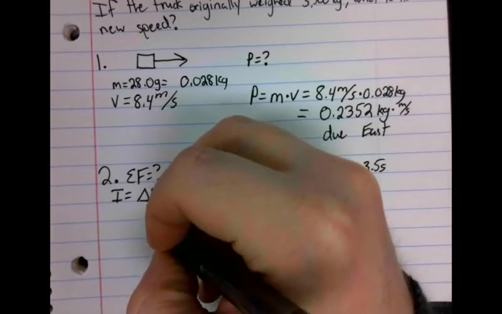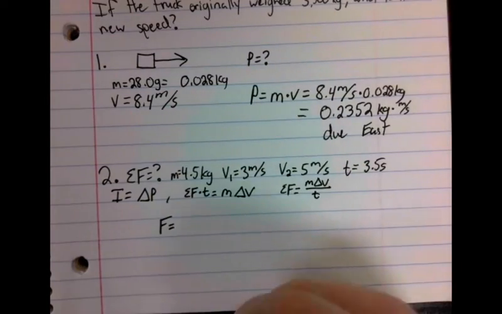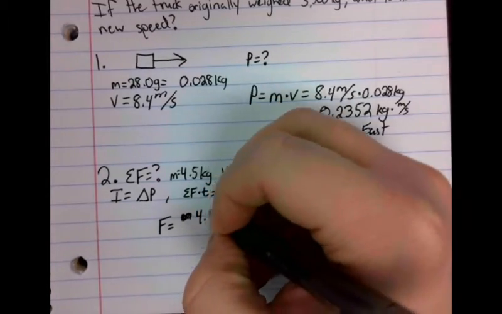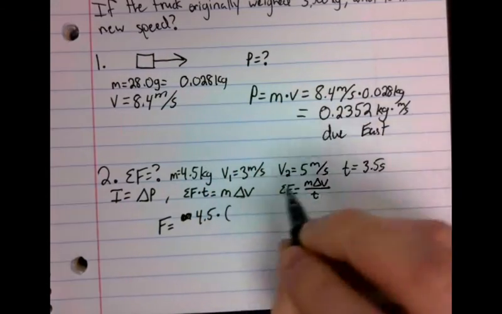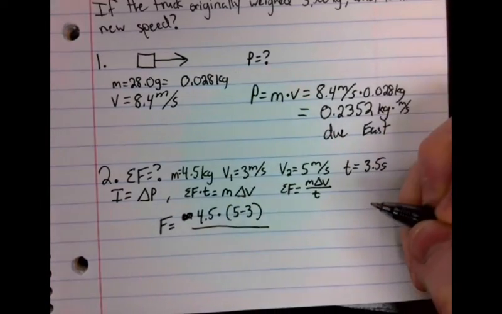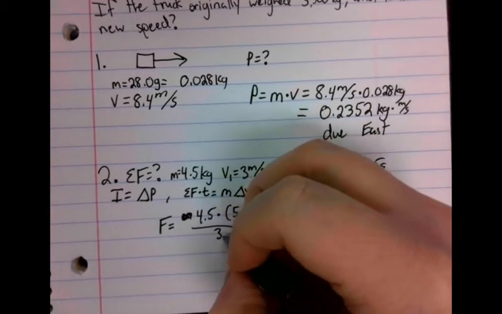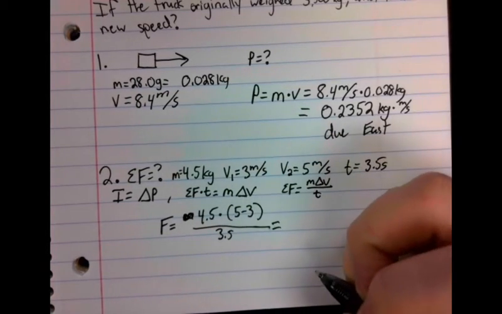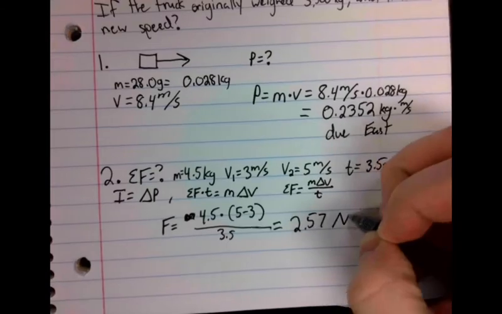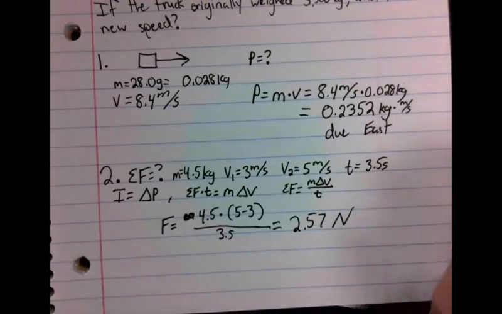So in this case, our force is equal to our mass, 4.5 kilograms, times our final minus our initial, 5 minus 3, over 3.5 seconds, which gives us 2.57, and this unit would be newtons because it's a force, and force is in the unit of newtons.